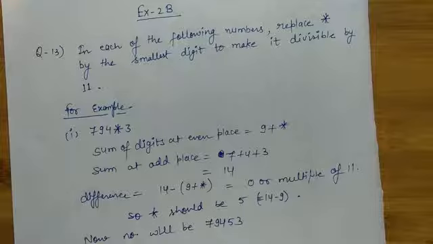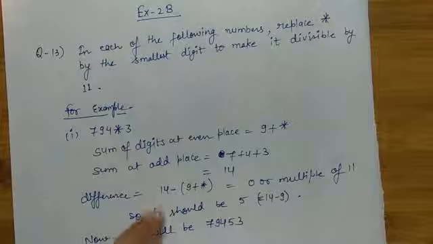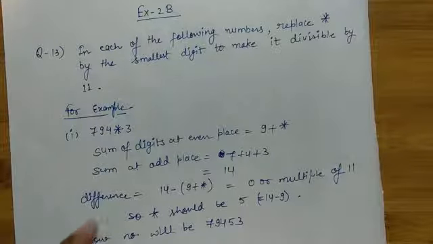I am repeating again. If a number is divisible by 11, then first we have to find the sum of digits at even place and sum of digits at odd place, and then we have to find their difference. And if the difference is 0 or a multiple of 11, then it is completely divisible by 11. You may revise your rule, it is given in the book.